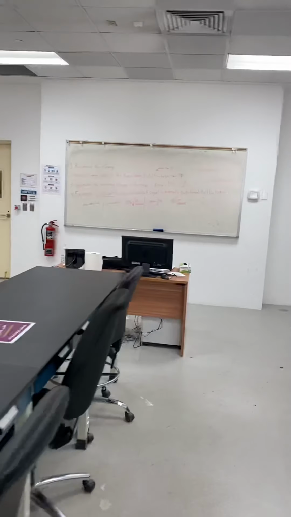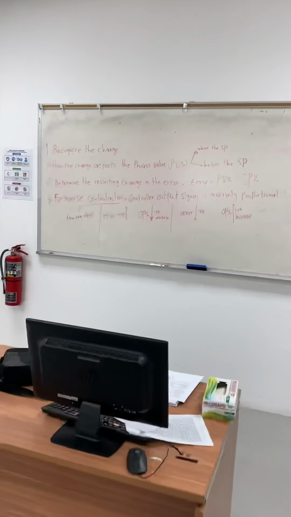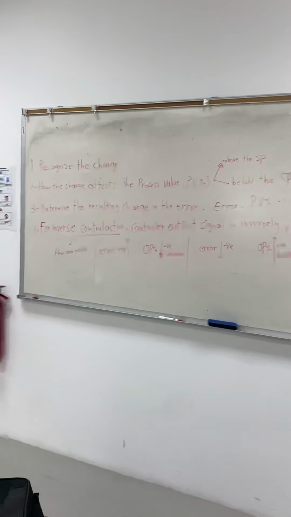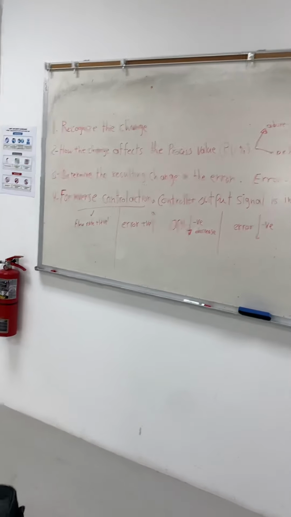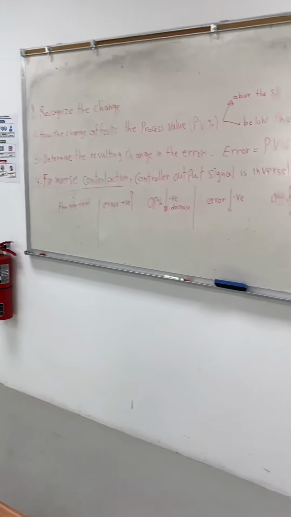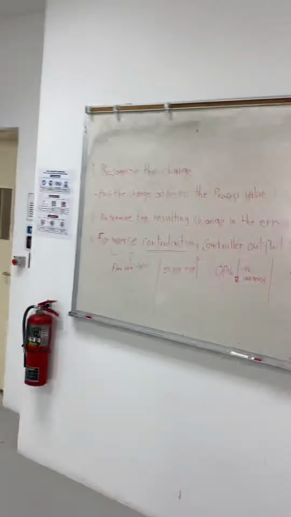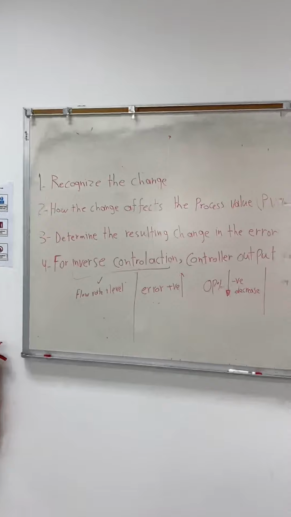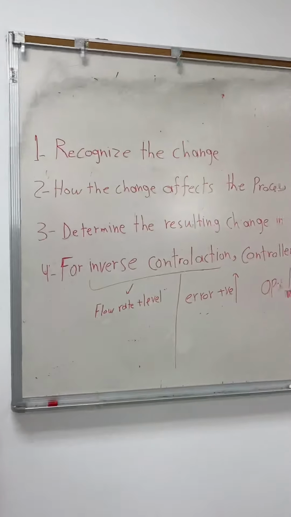Okay? So if there is a change or a disturbance that has been introduced to your system, you would like to know how this disturbance will affect the process value and how the automatic controller will respond to that change. So in order to answer this question correctly, guys, first of all, you need to recognize the change.